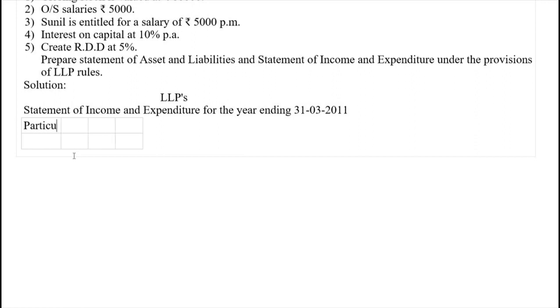Particulars, an inner column, and one more inner column, this is the amount column. So incomes: under incomes we have sales. Let me directly take here 4 lakhs. Then B, there is an increase.